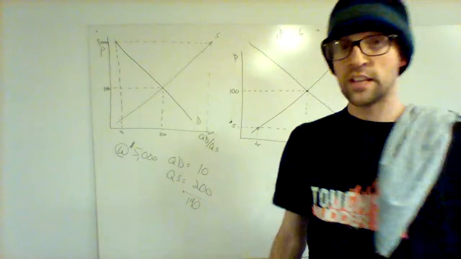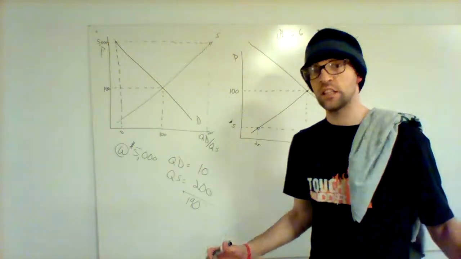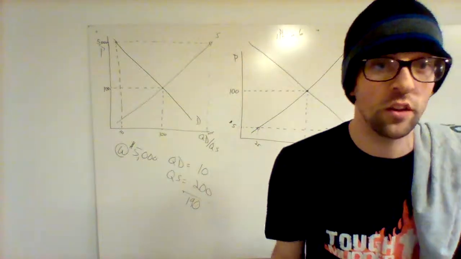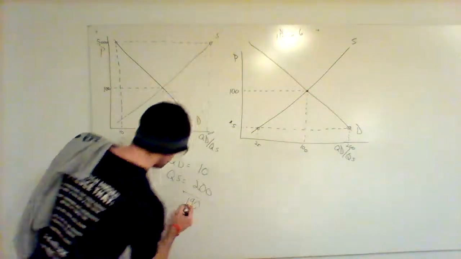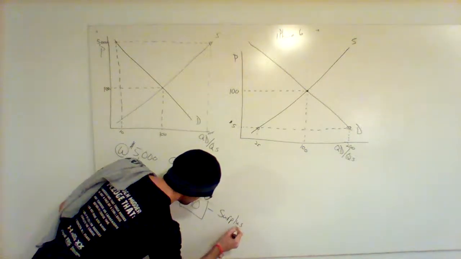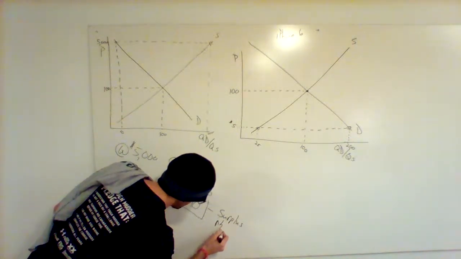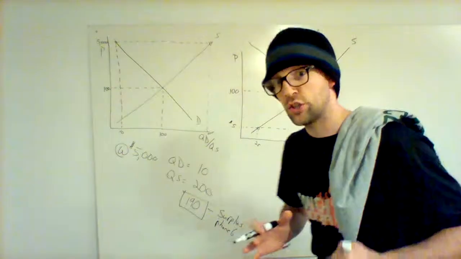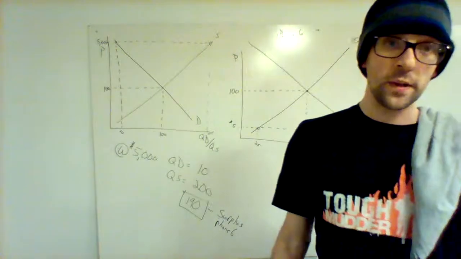You could think of it as 190 iPhone 6s that are a surplus of iPhones, and that's what we tend to call this, a surplus. These are iPhones that nobody bought, that just chilled out on the shelves, that nobody wanted.